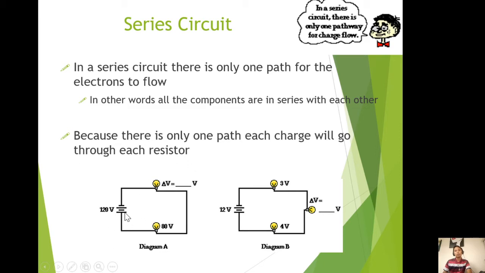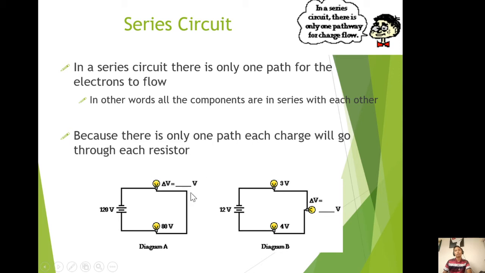For example, there is 120 volts. If the voltage drop of load 2 is 80, then 120 minus 80 is the answer here. 120 is the total, so what is lacking is 40.